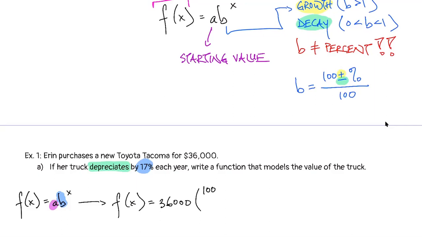In this case, we know it depreciates, so we're gonna pick minus. So 100 minus 17. And then to make it into a decimal, that's why I divide by 100. Close that, put it to the power of x.